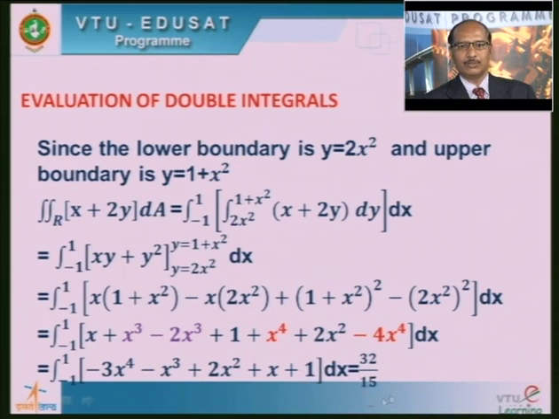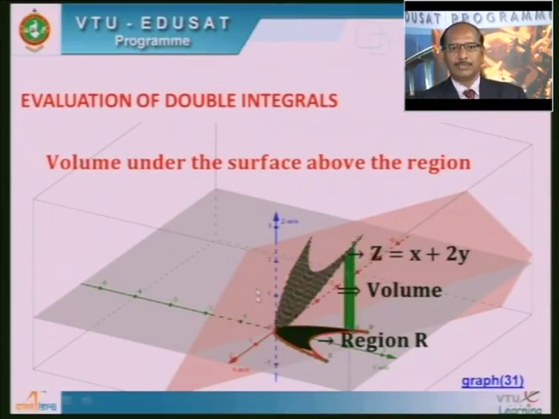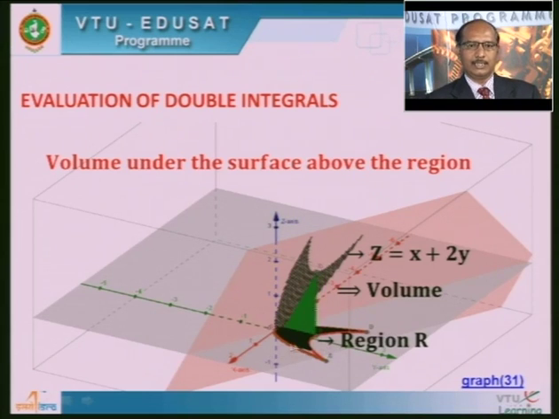That simplification gives 32 upon 15, that is the value of the double integral over the bounded region. So, this is the picture of the volume, how it is generated on the region. The region is bounded between two parabolas.